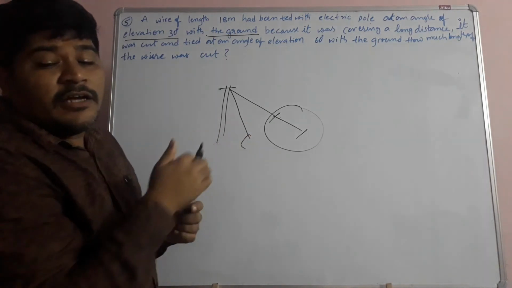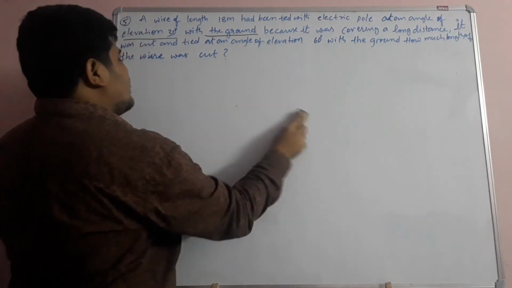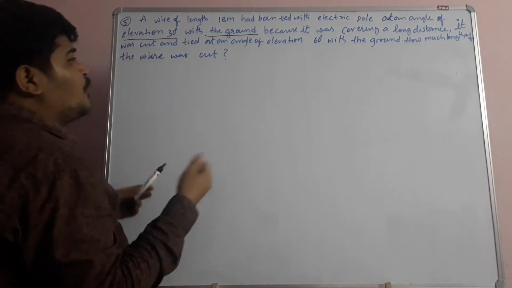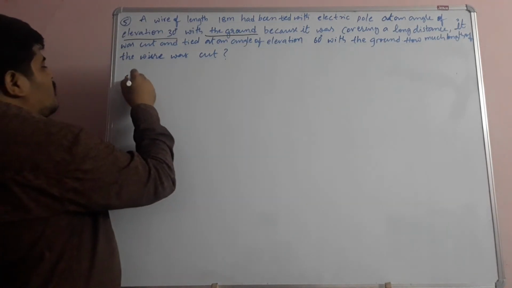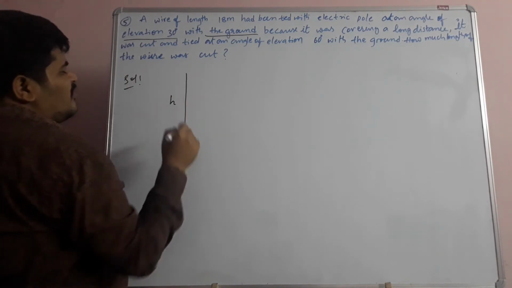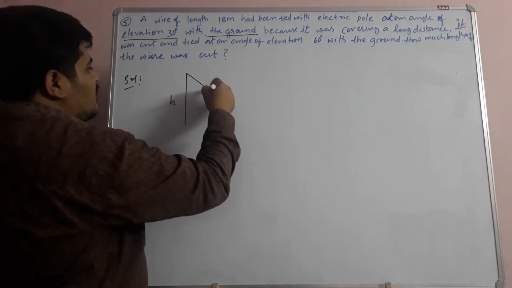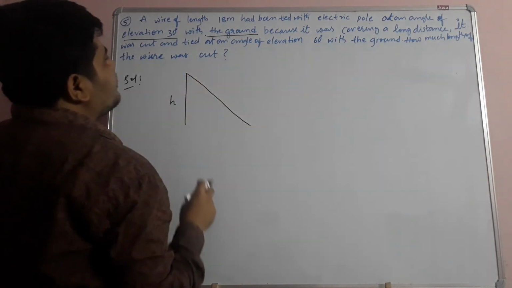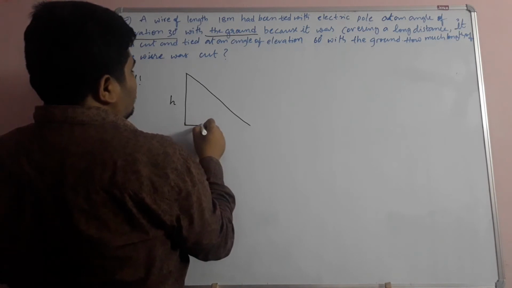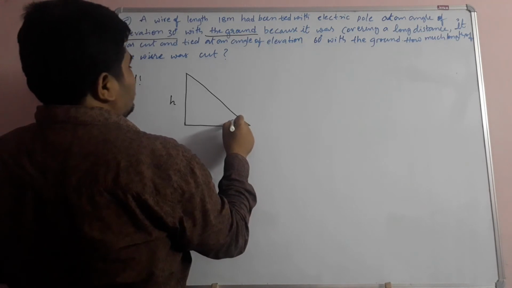Accordingly, first we need to draw the diagram. Children, see, the height of the pole is not mentioned. So let it be some h. This is the pole, so let its height be h. Now first they tied this electric pole with the wire at an angle of 30 degrees.